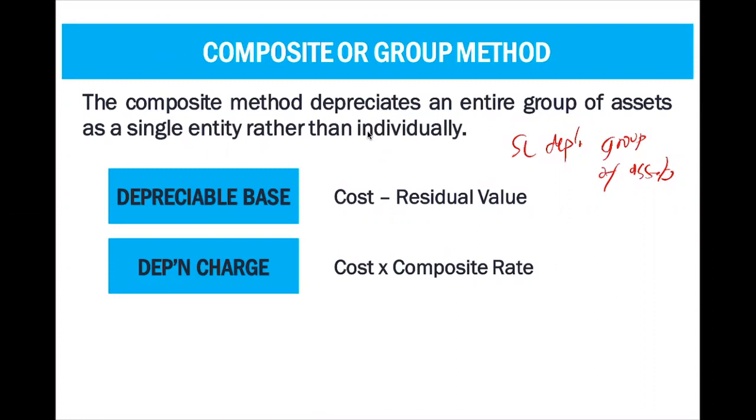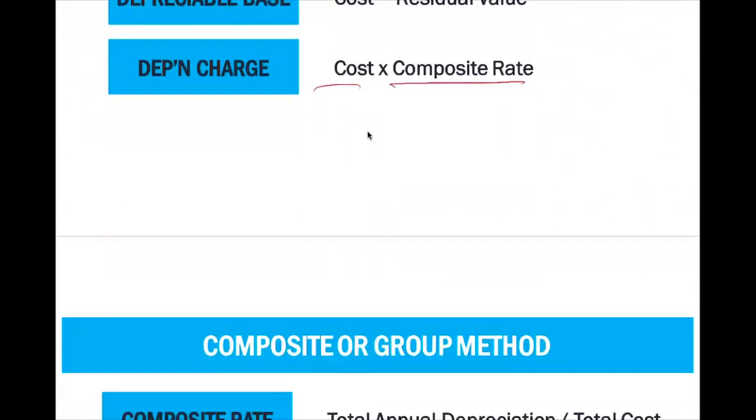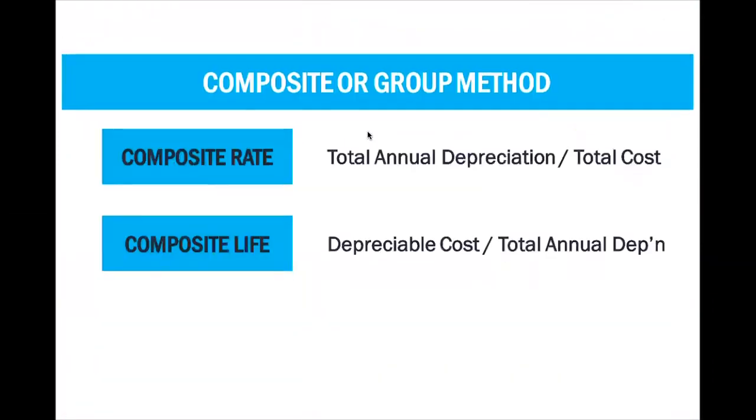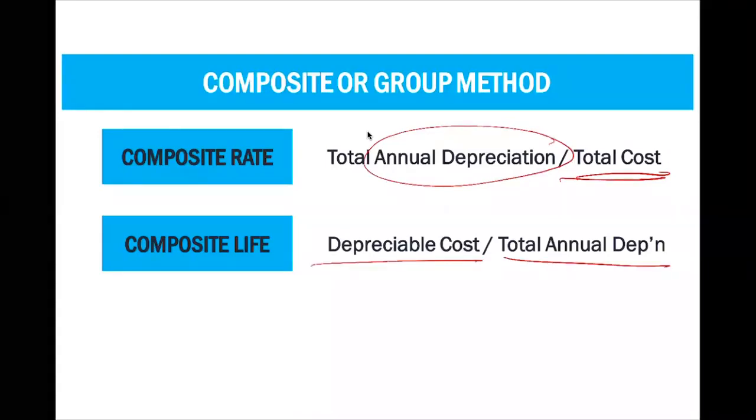That is cost less residual value. What is the depreciation charge? That is your cost multiplied by your composite rate. So how do we compute your composite rate? That is your annual depreciation expense divided by total cost. And your composite life is your depreciable cost divided by your total annual depreciation.